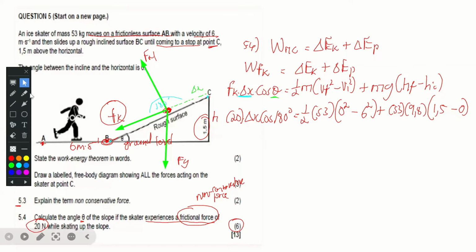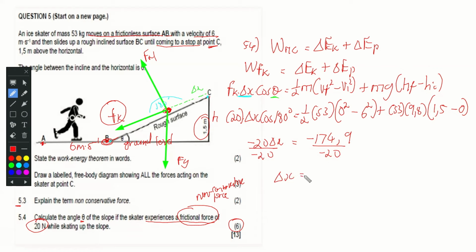Okay, so now having punched this into our calculator, this side here, we get negative 20 delta x. And then on the right-hand side, we get negative 174.9, which we can then divide both sides by negative 20. And then our delta x displacement will now be equal to positive 8.745 meters, right?